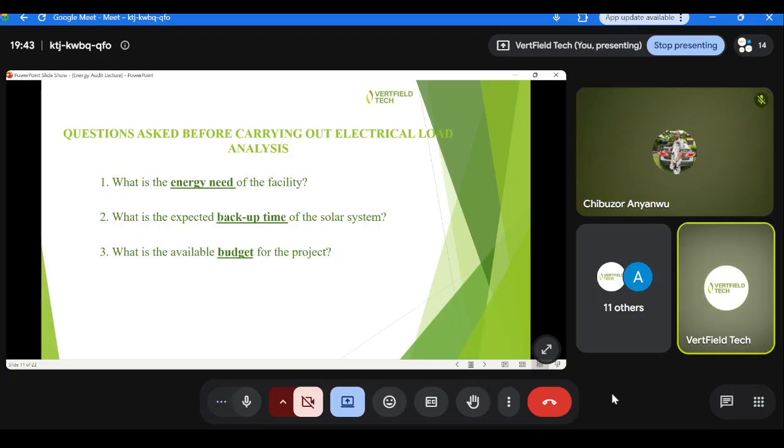We will take that into consideration. Taking it into consideration simply means that we would now have to work on it. Working on it, we will be asking the second question. The second question will be the backup time.